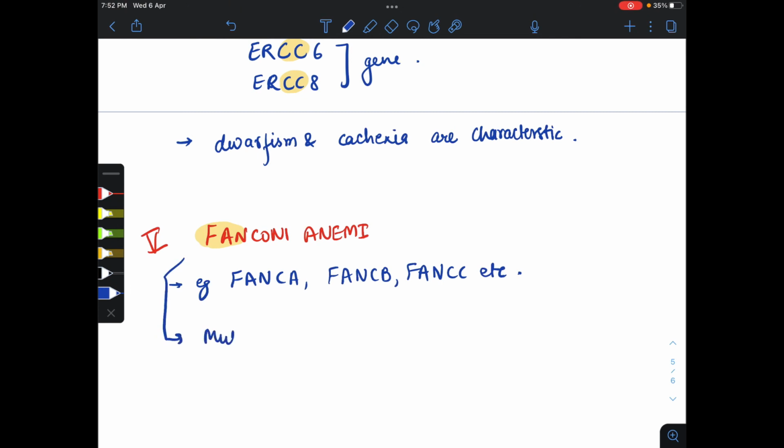And Fanconi anemia is basically an inherited bone marrow failure.